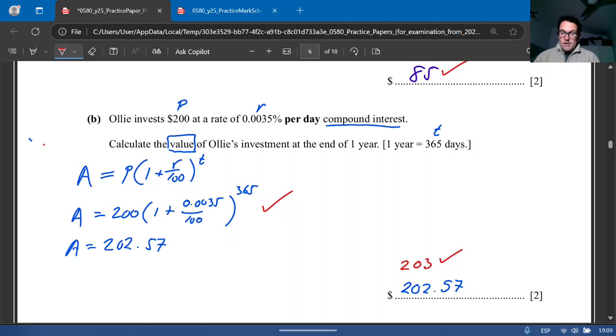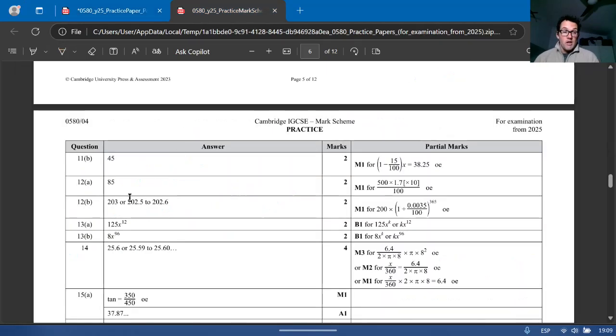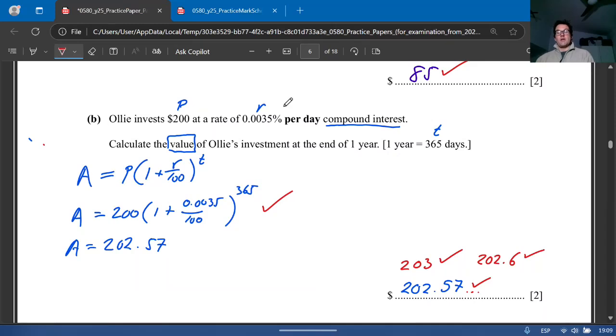If I rounded it to 1 decimal place, correct. Or the way I wrote it, 2 decimal places, correct. Or even if you have more decimal places, they say anything between 202.5 to 202.6 is correct. So the rounding, as long as you do it right, it doesn't matter how many decimal places. Just don't do 200, for example.